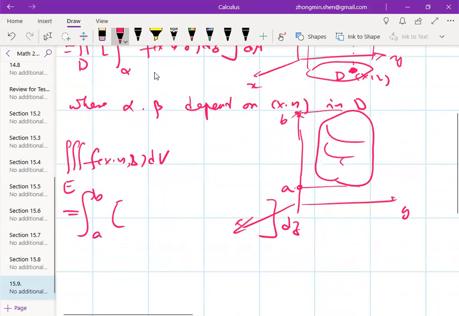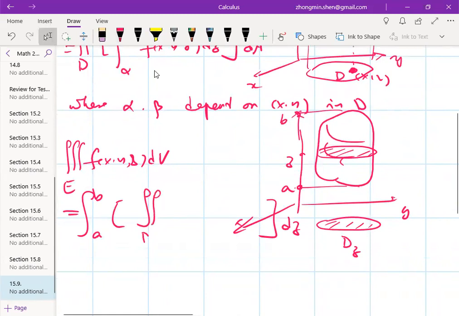But for each z, you get a cross section, and that cross section depends on z and is a region in the xy plane. So this will be the double integral of this function in dA.